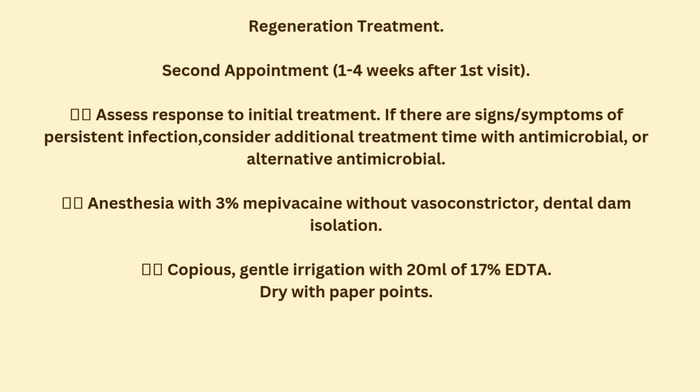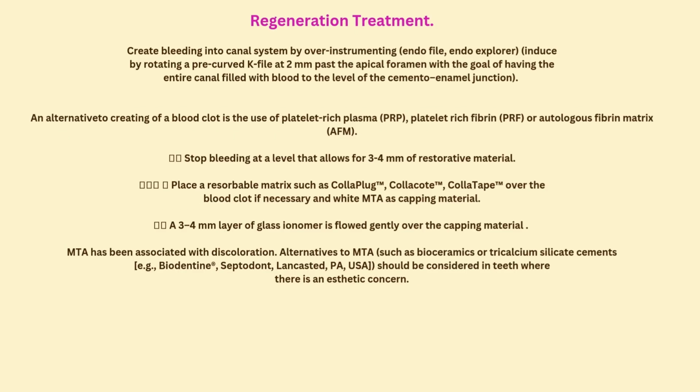Once the canal disinfection procedure is finished, now we have to consider filling the root canal with the patient's own vital tissue. For this, we need to create bleeding into the canal system by over instrumenting, either with the endo file or endo explorer, 2 mm past the apical foramen, with a goal of having the entire canal filled with blood to the level of the CEJ.